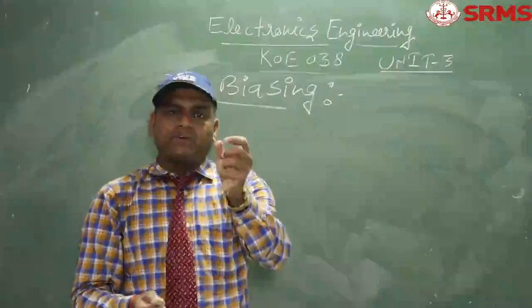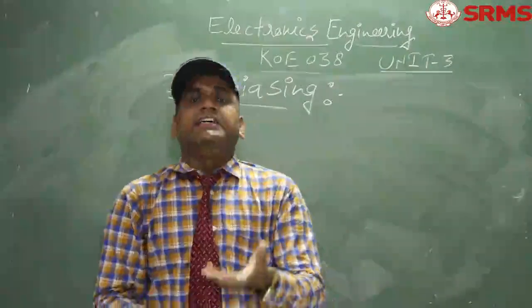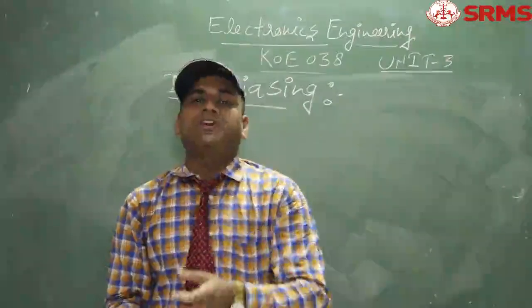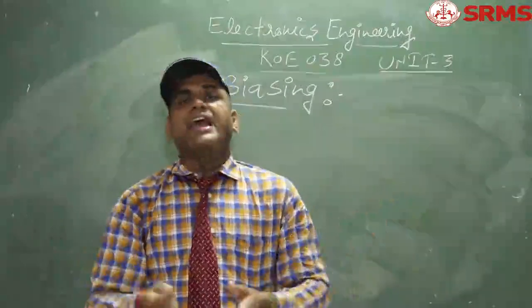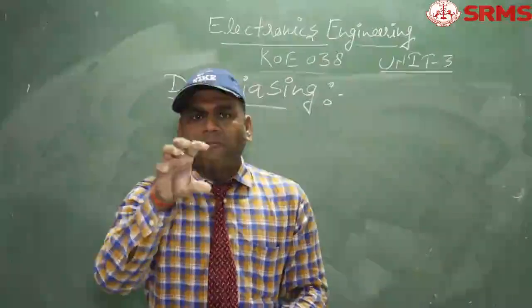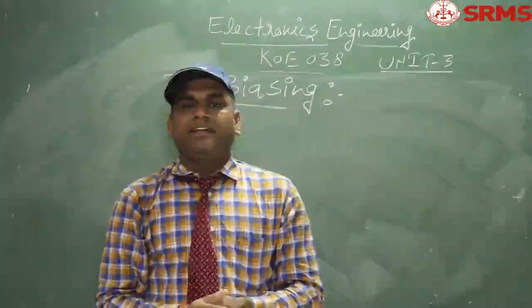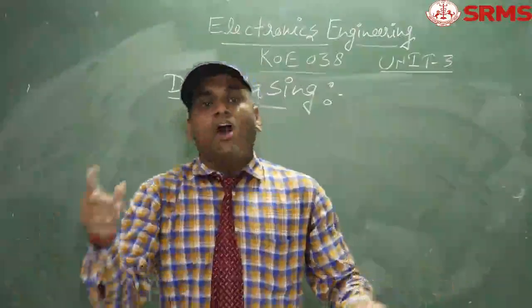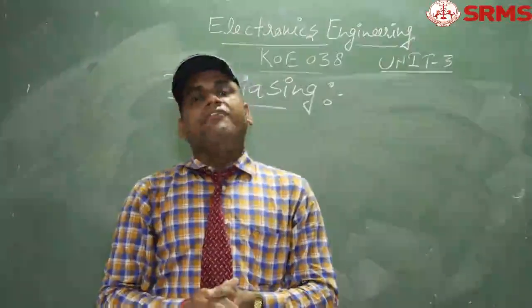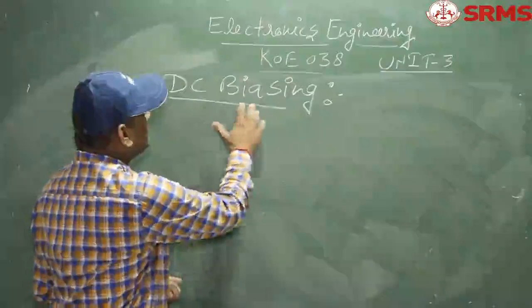So as far as saturation and cutoff regions are concerned, transistor is used as a switch. And in the active region, transistor is used as an amplifier. So the region of operation you have to change. And how it is possible? By changing the location of operating point on the region of characteristic. And for that purpose, we are using the DC biasing.